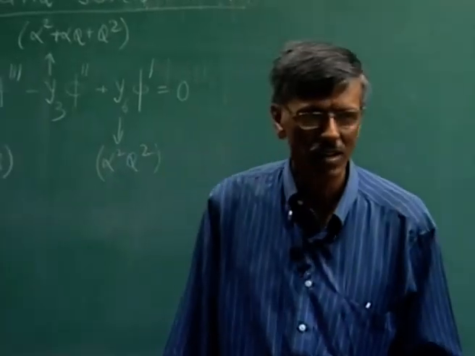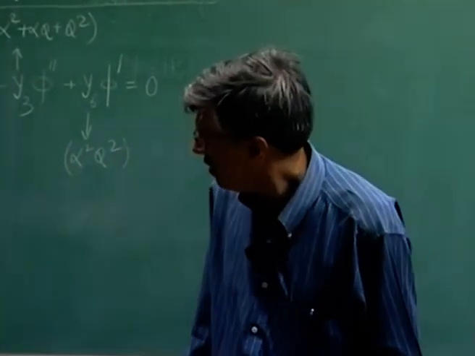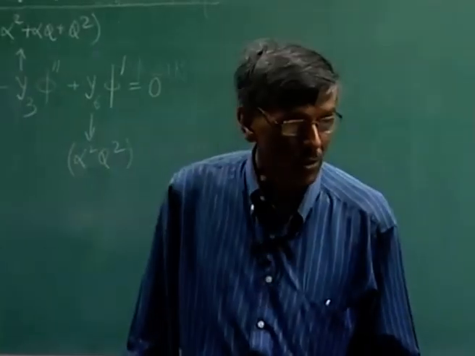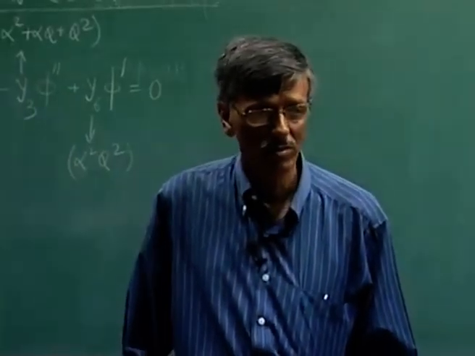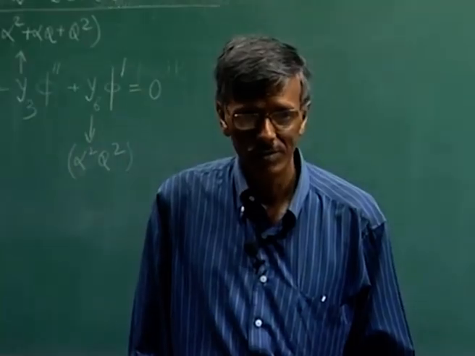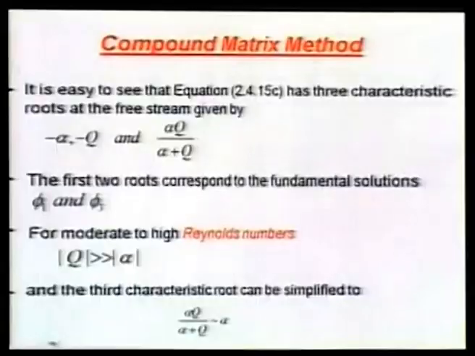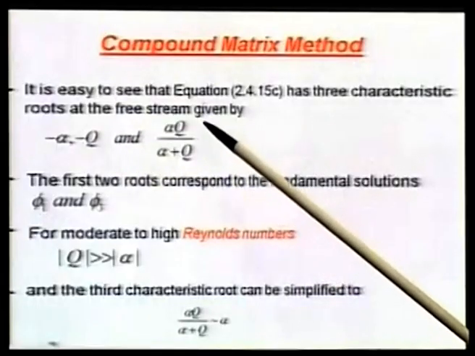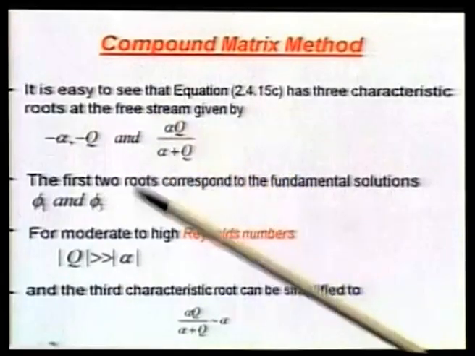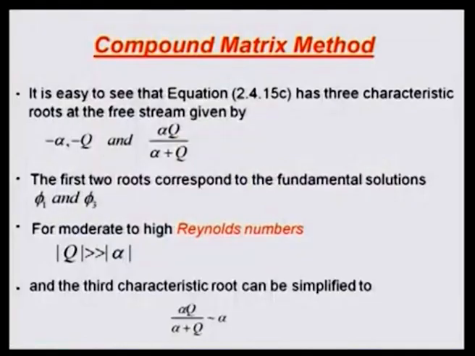Looks like something which we did not want to have. It has come about, isn't it? Because we want only those modes which decay with y, and here is a mode which actually grows with y if alpha really is positive.